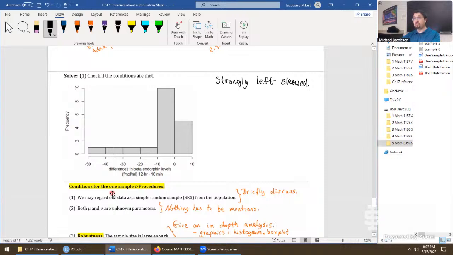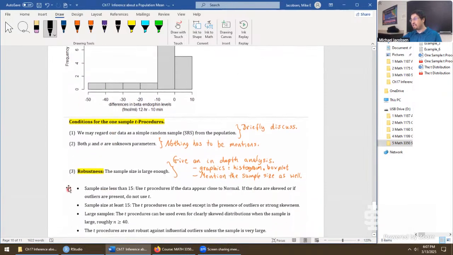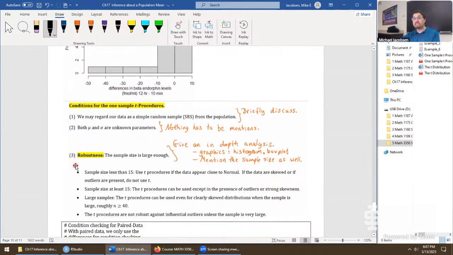What we now need to include in our discussion is the sample size, because we're discussing really robustness. Is the one sample T test robust against the deviation of normality that we see right here? It absolutely is if your sample size is large enough. Our sample size was at size 40, and we saw this histogram. That's actually okay. This is acceptable data right here.